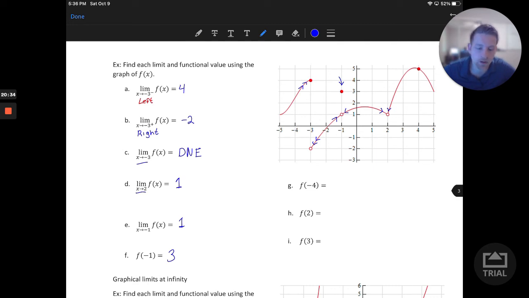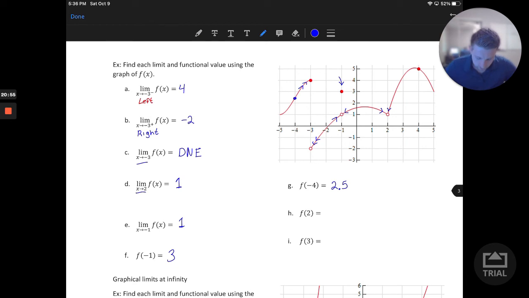The last few are going to be functional values as well. If we look at f of -4, we're looking at the functional value at -4. And for this one, we'll just call that approximately 2.5 as a height.